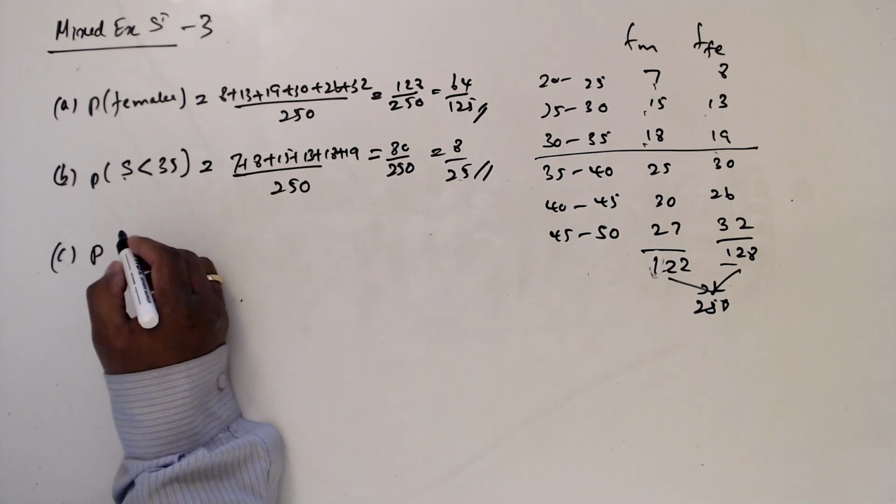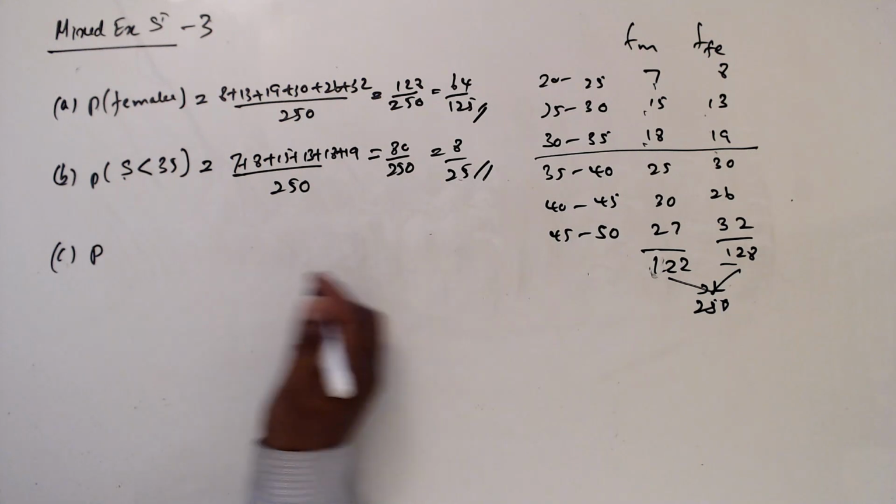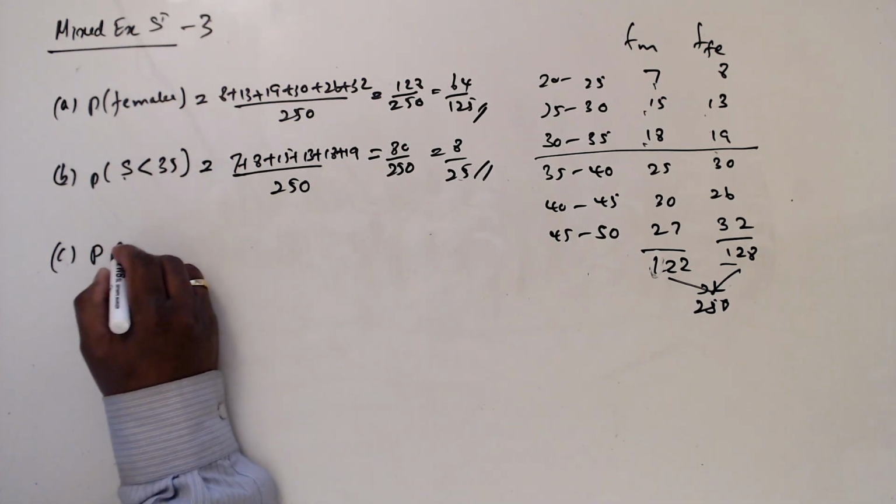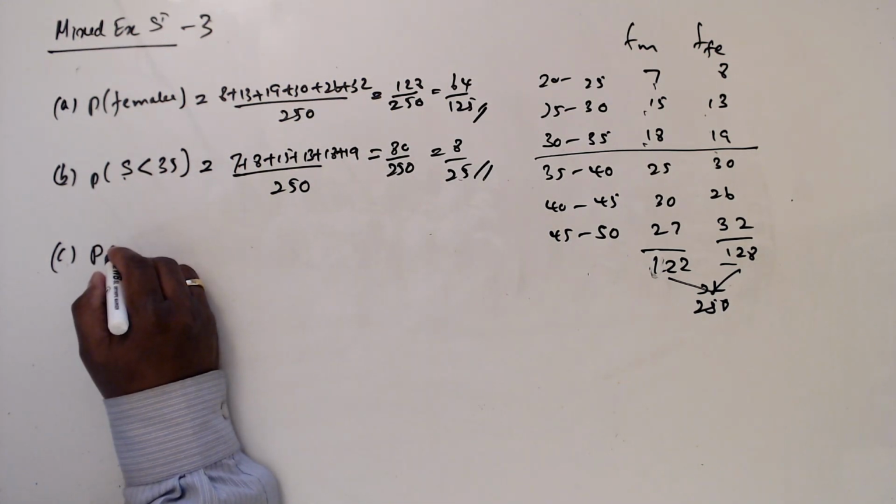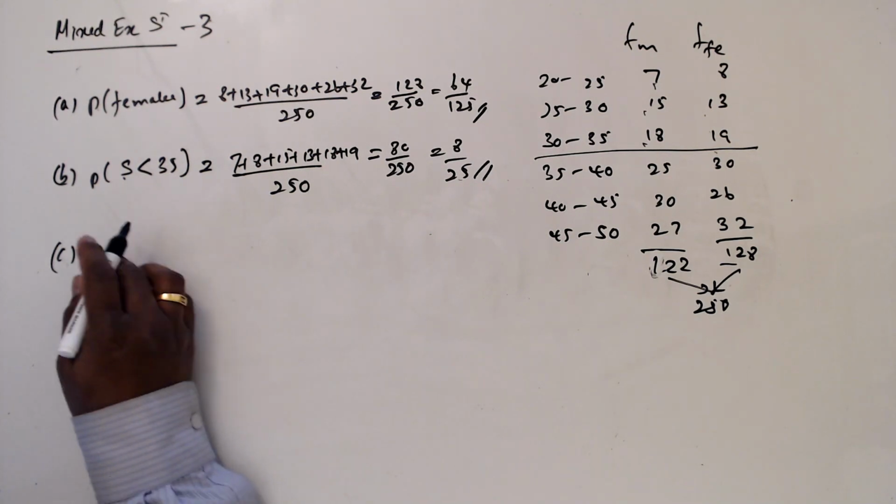Part C, find the probability that the student scored 25 to 34.